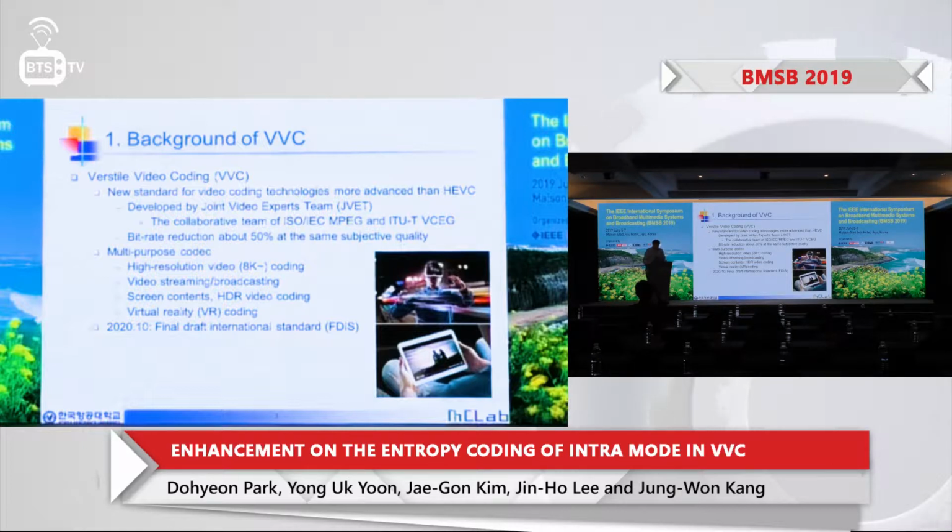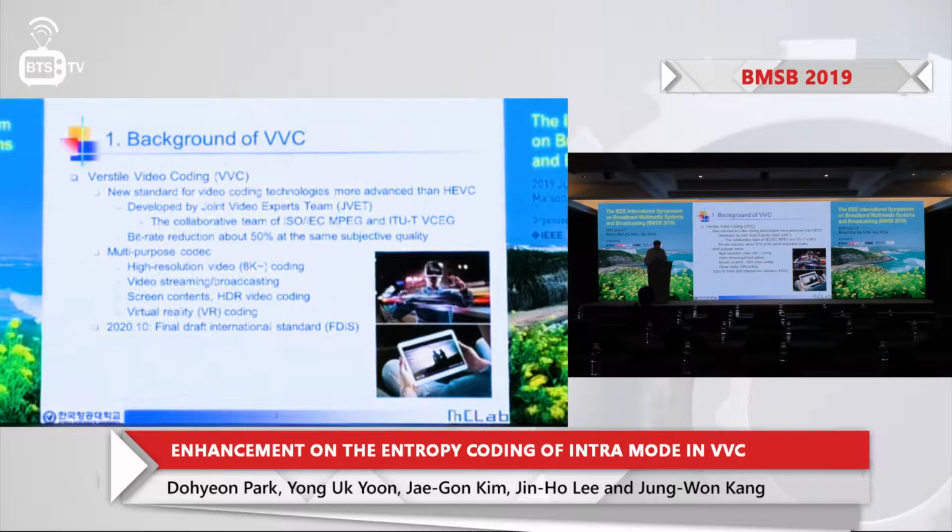Accordingly, ISO/IEC MPEG and ITU-T VCEG formed a joint video expert team called JVET to develop a new video coding standard beyond HEVC. The new video coding standard is named Versatile Video Coding, VVC.